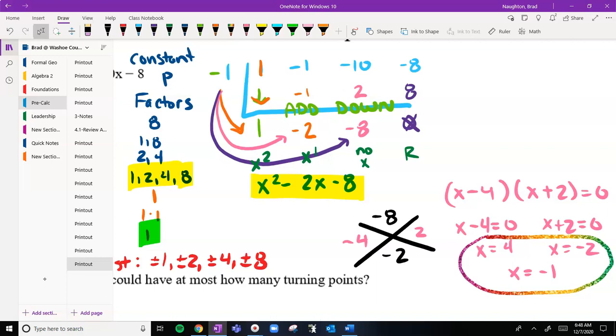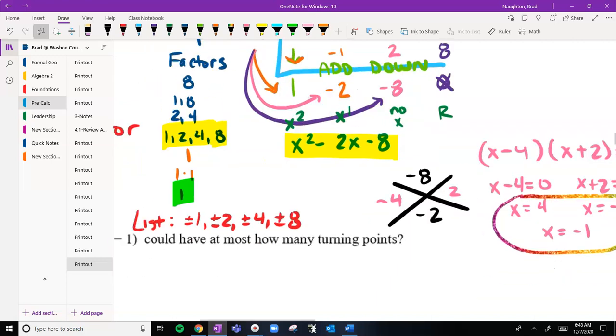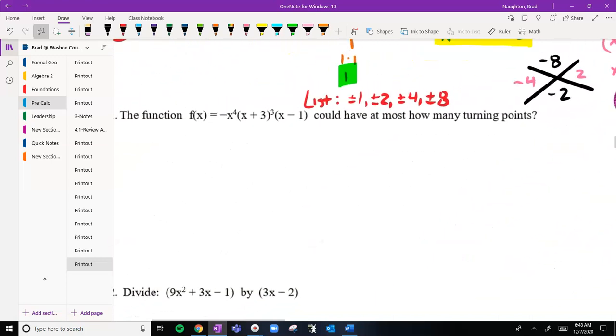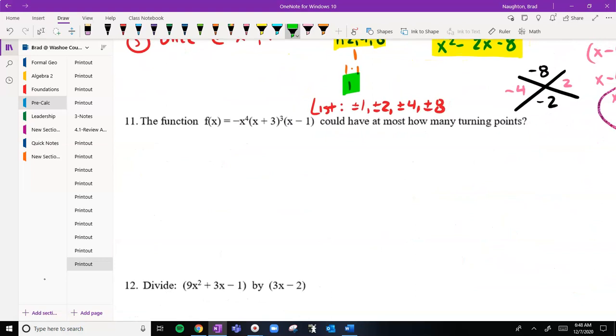Excellent. So ladies and gents, boys and girls, we'll move on to the next one. It says how many turning points that you have. Now, it says the maximum number of turning points, so that doesn't mean that you graph it and you find it. It basically just means that you need to know how many zeros you have again. So this is 4, this is 3, and this is 1. Again, you know this because of the exponents.